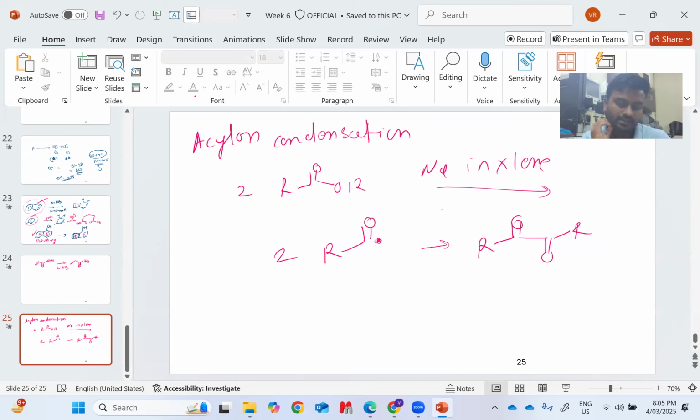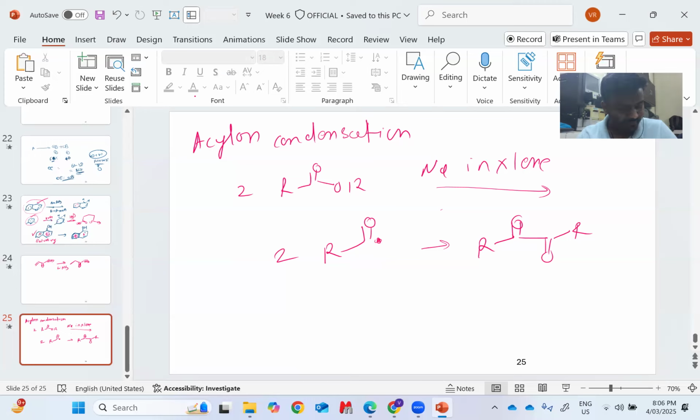It's just like an aldehyde being converted into the corresponding alcohol using the Dakin condensation. These are some reactions that we already discussed.